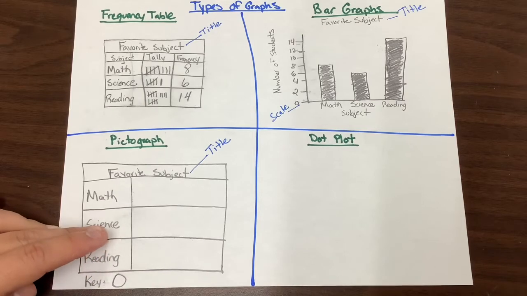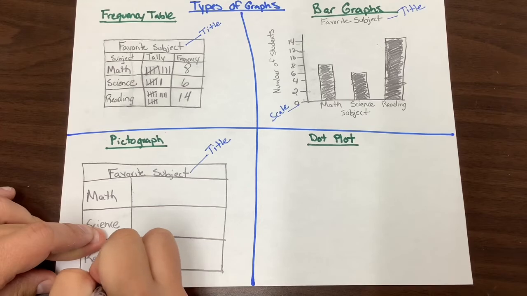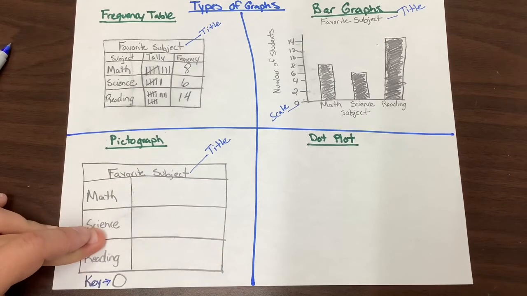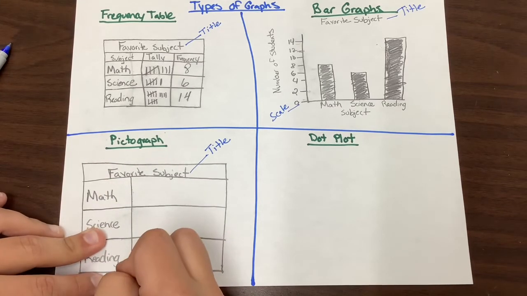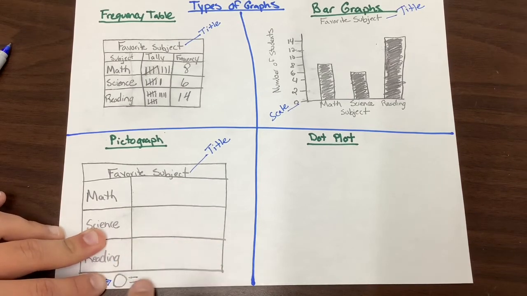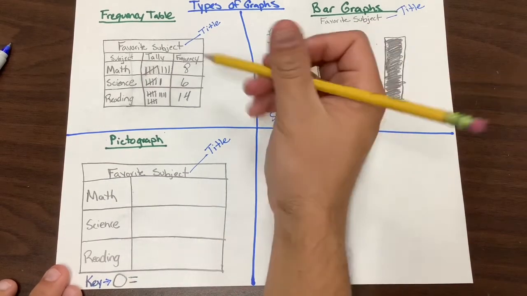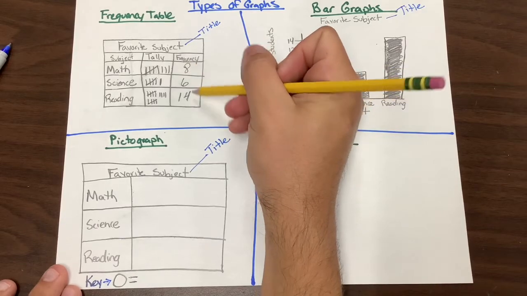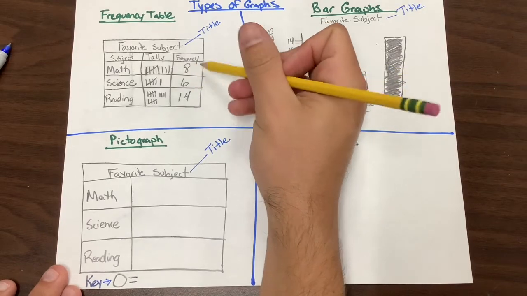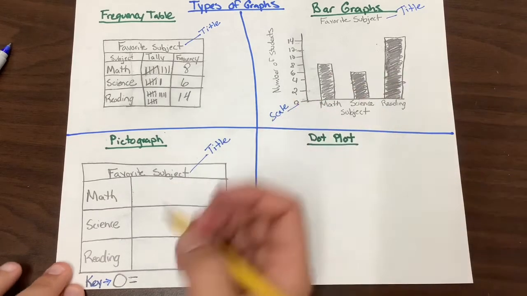So we have the key. And this is going to tell you exactly what that circle represents. So we can say one circle represents, looking at my numbers, I'm going to say that each circle could represent 2.